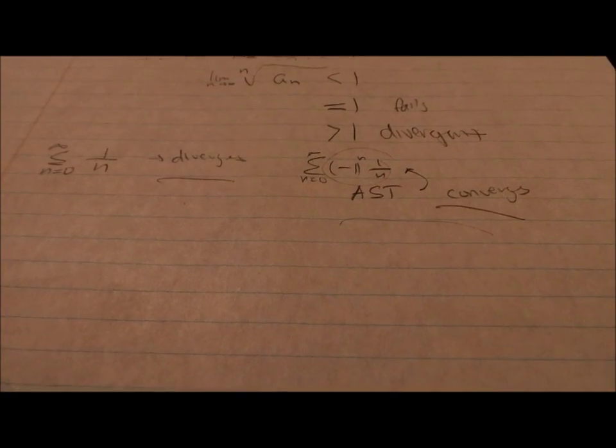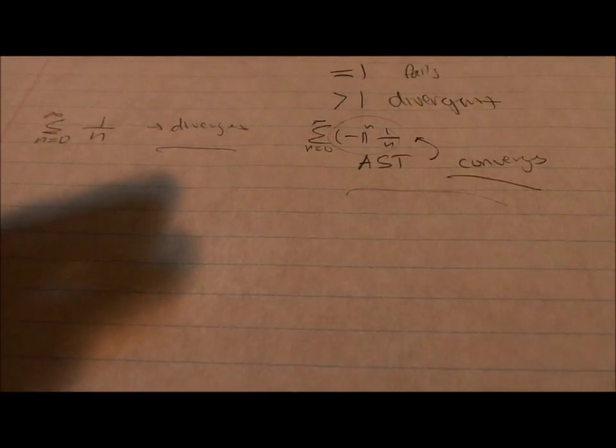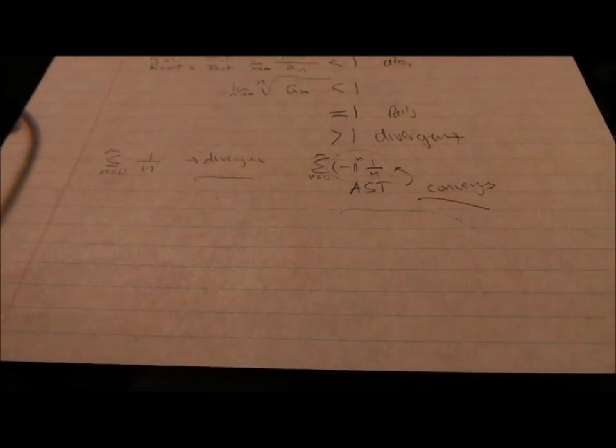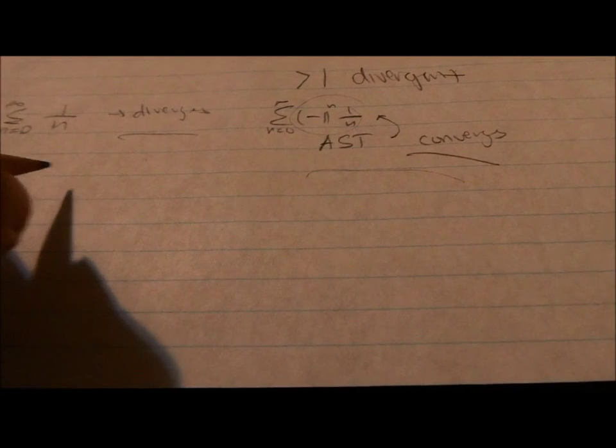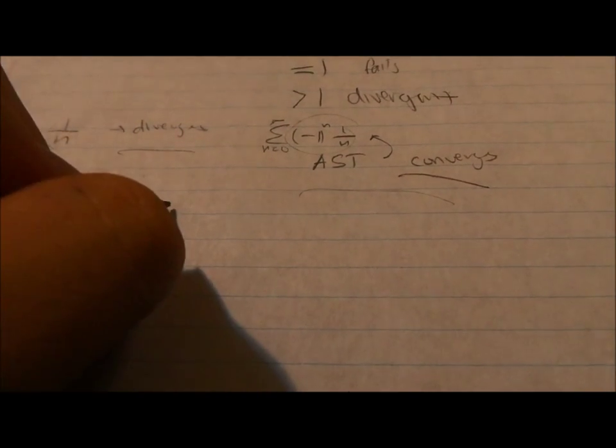However, there are some ways to circumvent this in order to lessen mistakes. We use the principle of direct comparison. And we know that the absolute value of a of n is always going to be greater than negative 1 to the n of a of n.